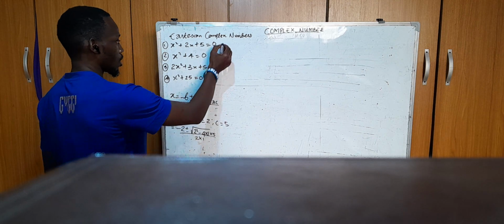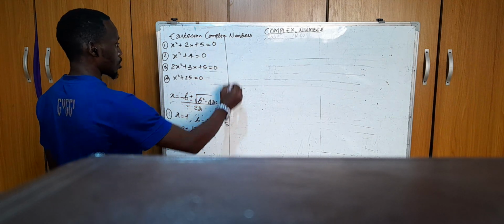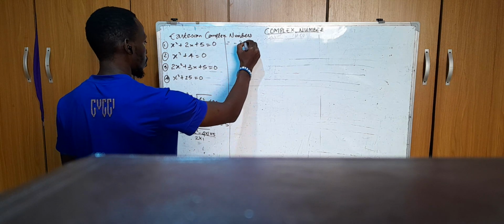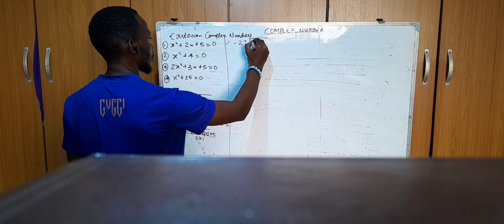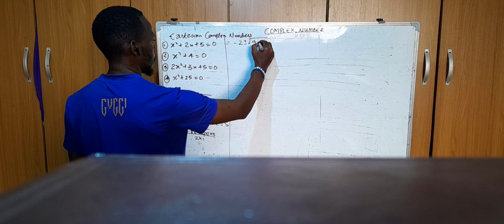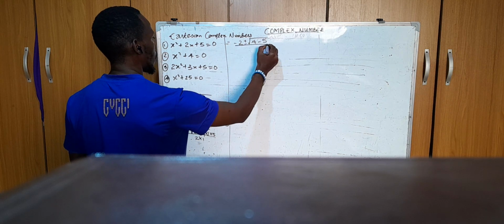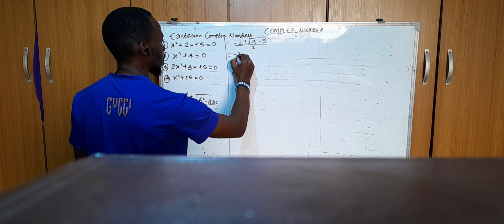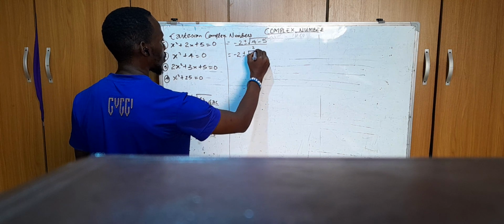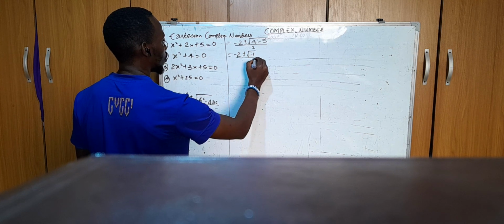Alright? So this will give us minus 2 plus or minus square root of 4 minus 5 over 2, which is minus 2 plus or minus square root of minus 1 over 2.